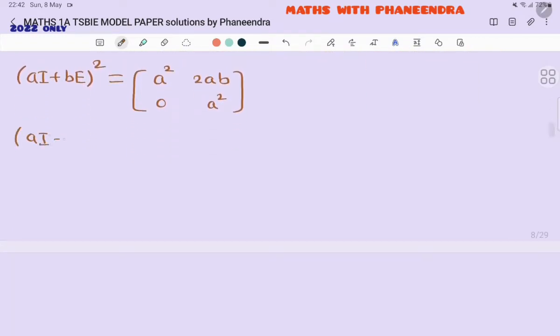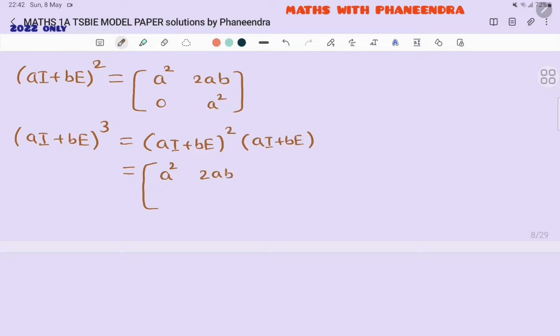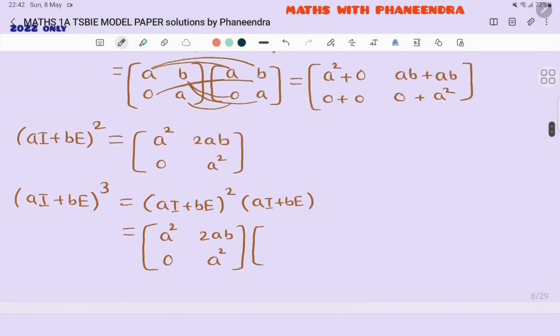So (AI plus BE) whole cube is equal to (AI plus BE) whole square into (AI plus BE). Which is equal to A square, 2AB, 0, A square into AB, 0A.